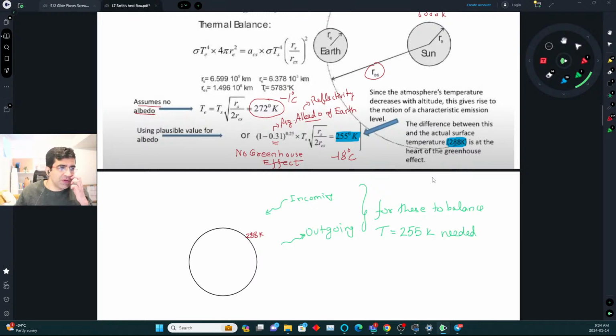A temperature of 255 Kelvin is needed, or minus 18 degrees Celsius.